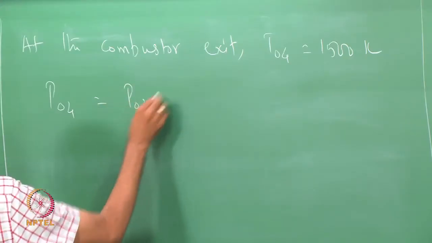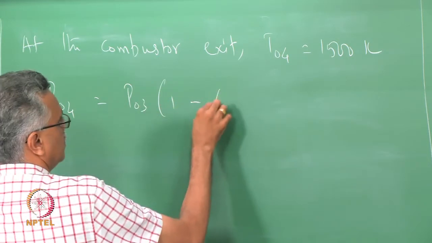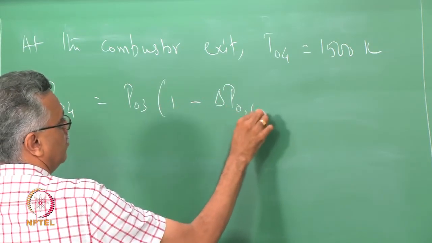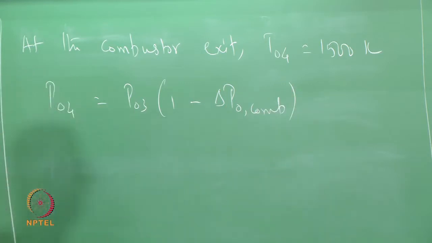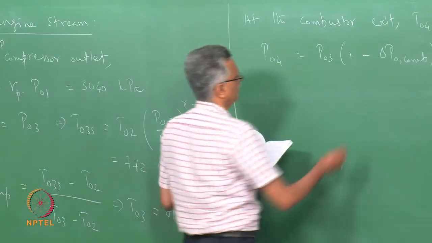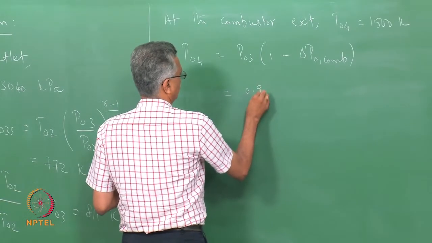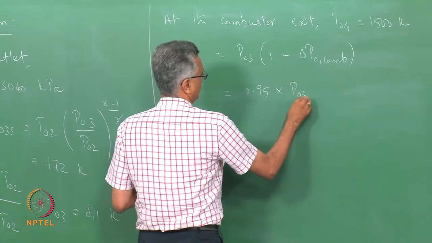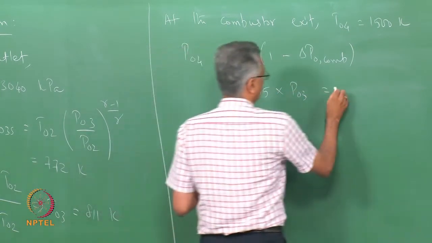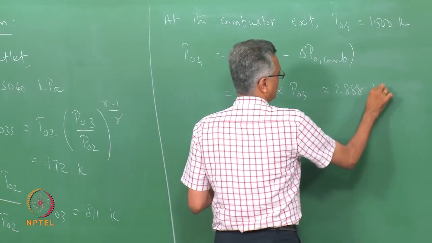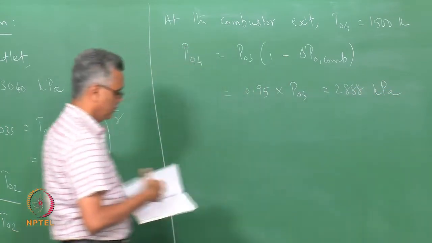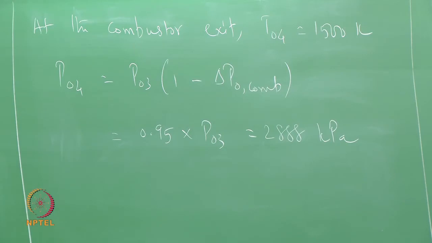P04 is equal to P03 times 1 minus delta P naught of the combustor. There is a pressure loss in the combustor which is given to be 5%. So, that means this is 0.95 times P03, which works out to 2888 kilopascal. So, now we know P04 and T04.